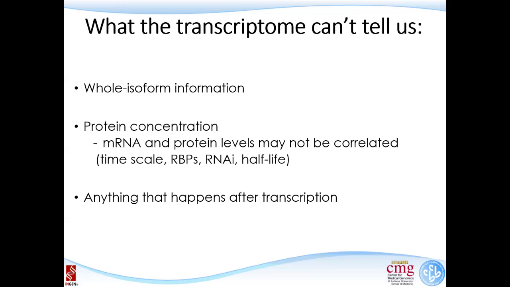But it's important to note that generally protein concentration may not actually correlate with RNA. A lot of this has to do with things like the half-life, how RNA is regulated, and the time scale that you're measuring these RNA samples. And then it also doesn't tell us anything that happens after transcription.